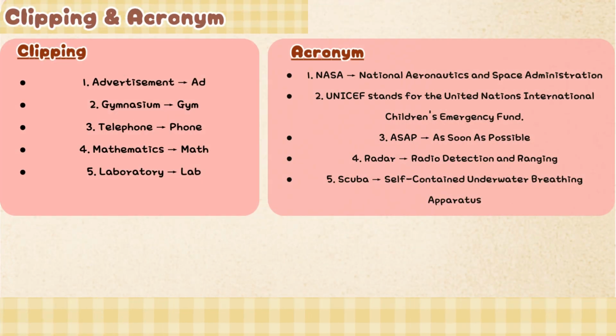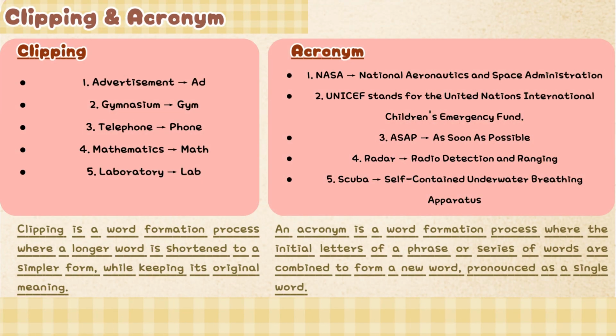Now, let's discuss the next word formation process: acronyms. Acronyms are formed by taking the initial letters of a series of words and combining them into a new term. These terms are usually pronounced as one word. For example, NASA stands for the National Aeronautics and Space Administration.